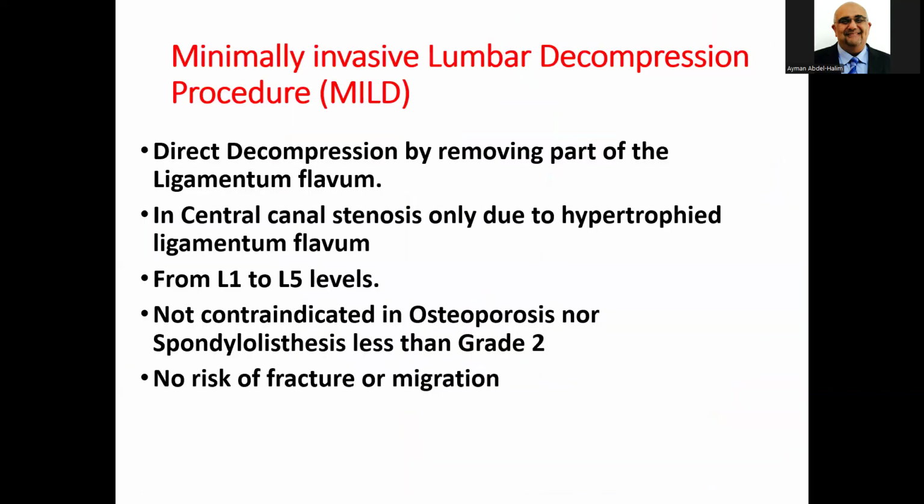Another procedure that's very important for the interventionist is called minimally invasive lumbar decompression procedure, or MILD. And this one is a direct decompression by removing part of the ligamentum flavum, for central canal stenosis only due to hypertrophied ligamentum flavum.